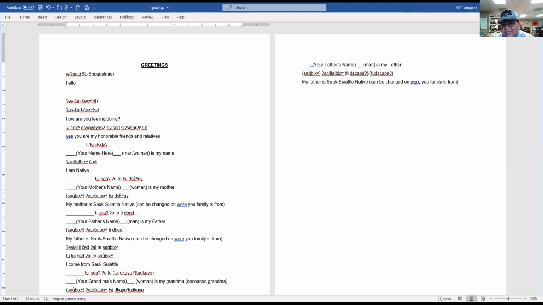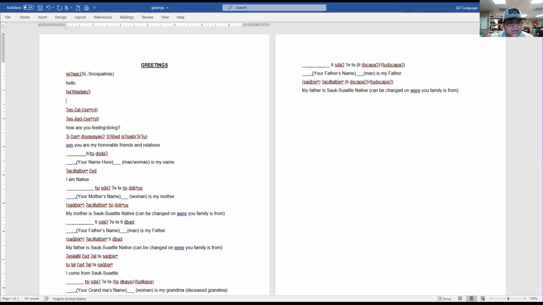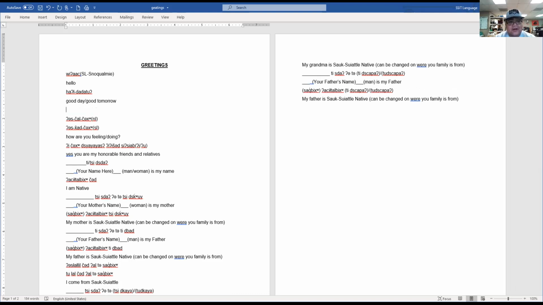Some other greetings: da, to hot latitude, which translates into good day. But the word to means tomorrow, so it translates as good tomorrow. And then we have another one: hot sluch-ale.